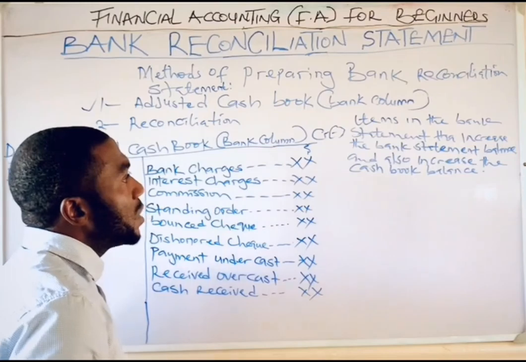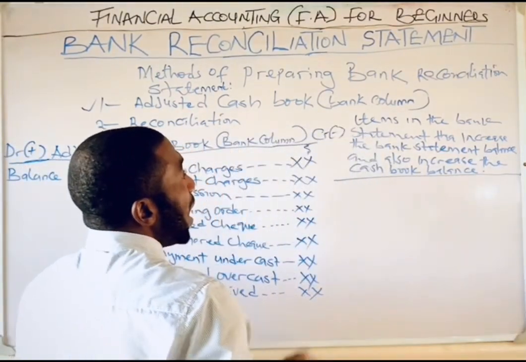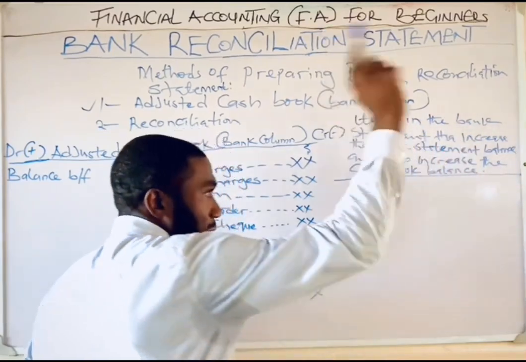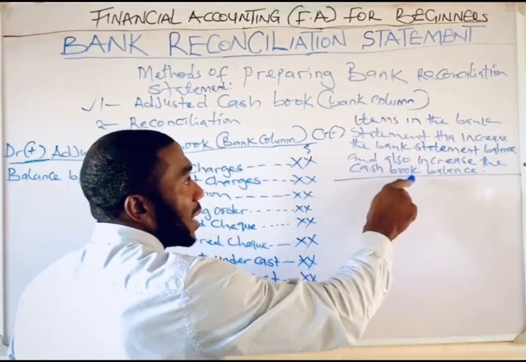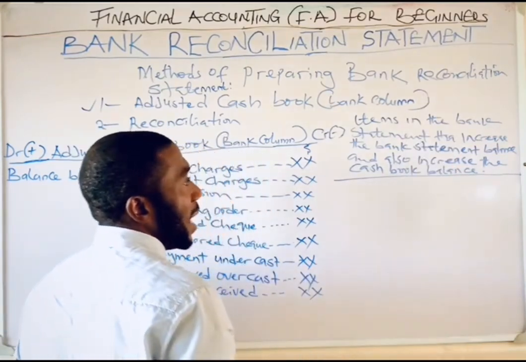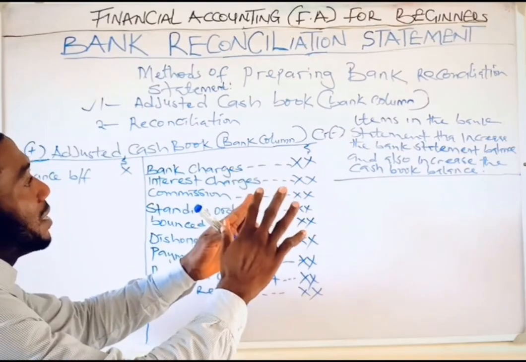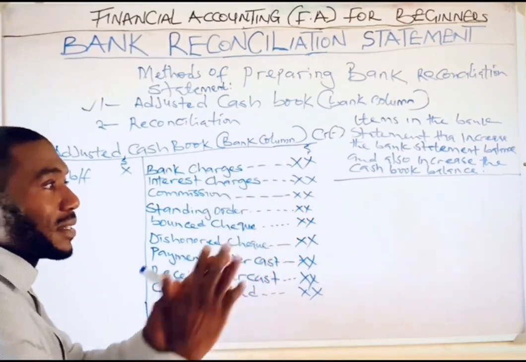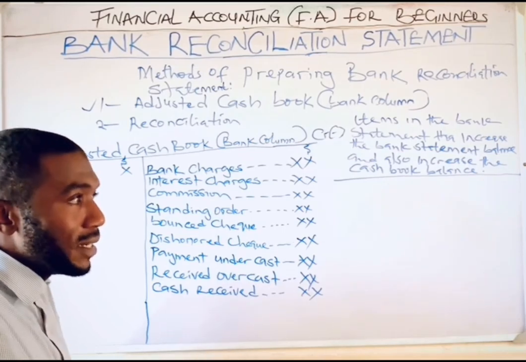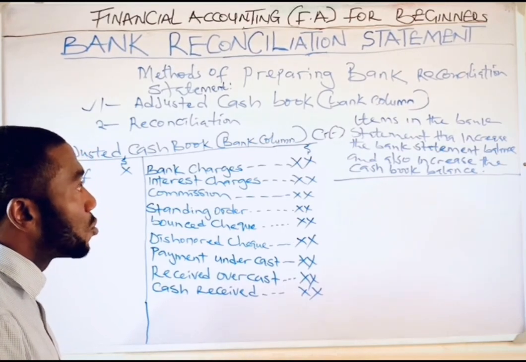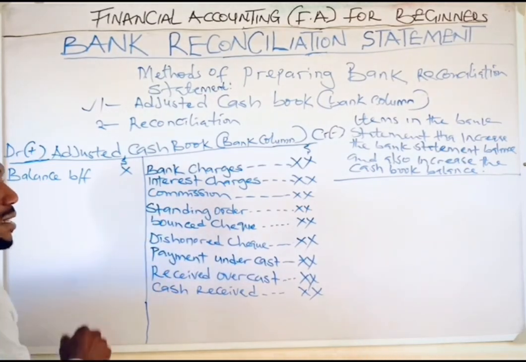So items in the bank statement that increase the bank statement balance and also increase the cash book balance: on the credit side of the bank statement, you receive a credit alert. It increases your bank account, so it will also increase your balance in the cash book.